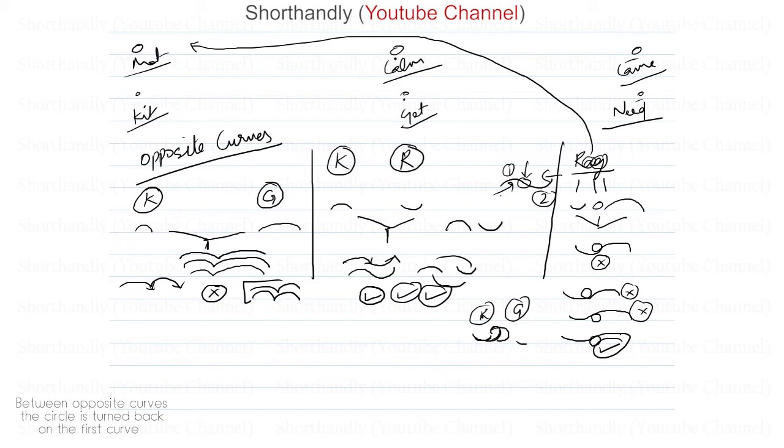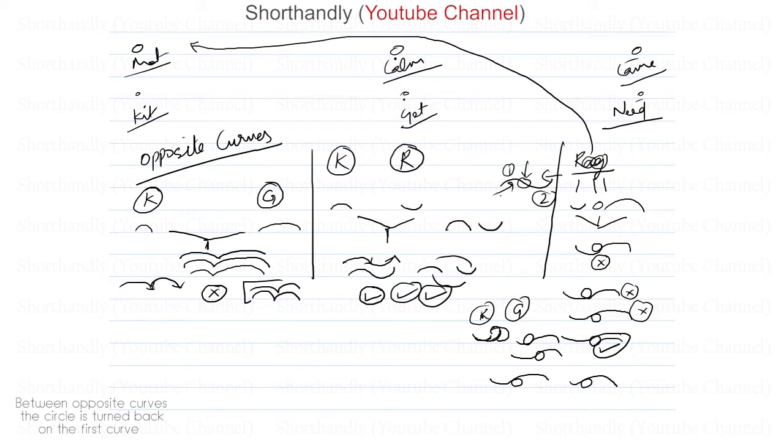Instead of making it like this, we make it like this. So overall, rag will be made like this. If you have to write in speed, it will be made like this, or like this.